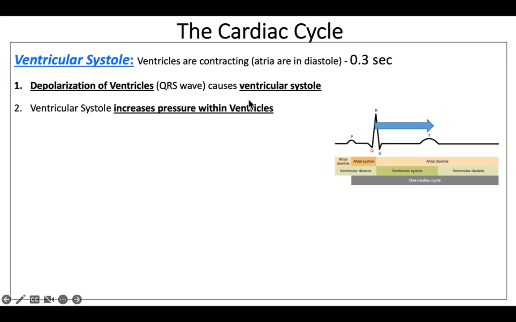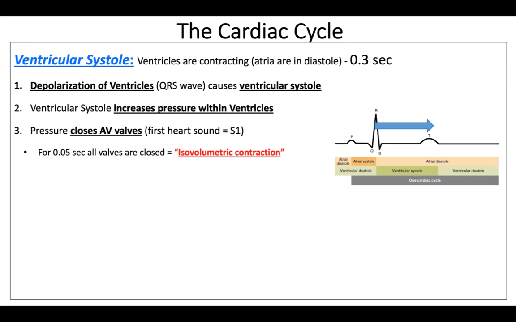So now we raise the pressure in the ventricles because they contract, and that's going to close the AV valves. So notice that's like the first event that occurs, is you want to immediately close the AV valve so blood doesn't go backwards. And remember, closing of the AV valves is associated with the first heart sound, S1, or the lub of the lub-dup. So we close the AV valves.